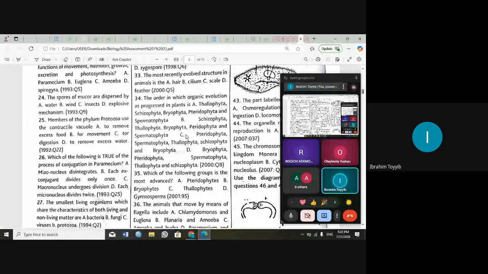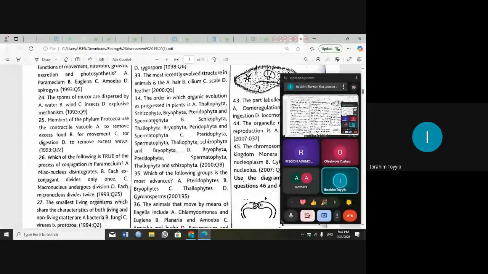So I told you that kingdom Monera is called Schizophyta. So as you are seeing Schizophyta here, it means Monera. I will see kingdom Monera before we see kingdom Plantae, right? That shows that Schizophyta must come first. Then if you now come to the kingdom Plantae, where is the first phylum?